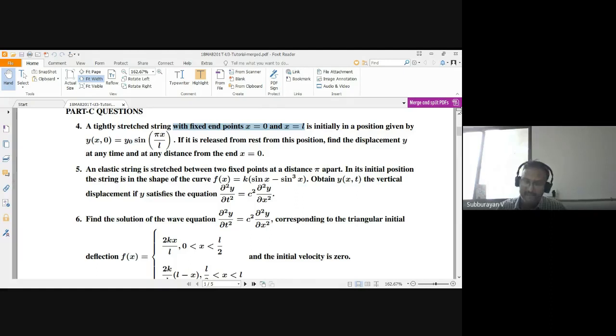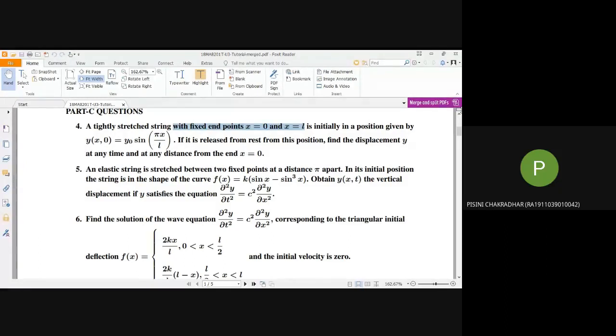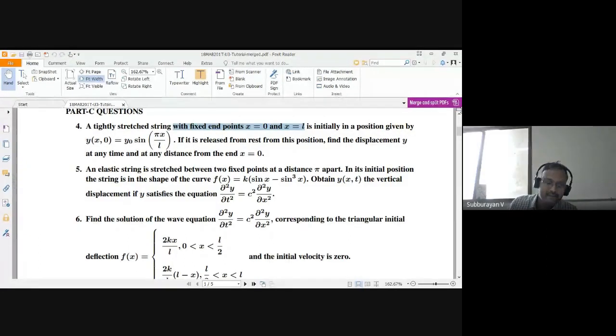Now tell me, how will I proceed? First, we should apply the conditions one by one in a suitable solution. If you apply the first condition, we will end up with A equal to 0.